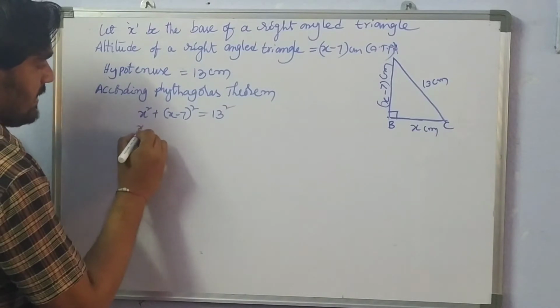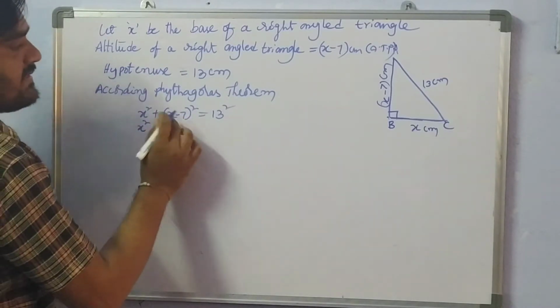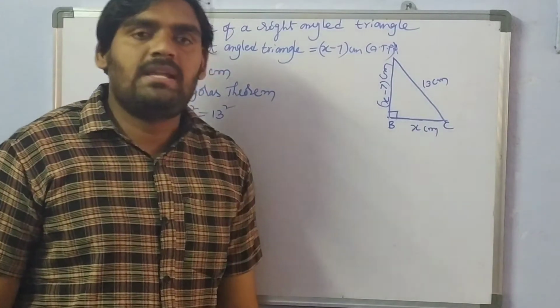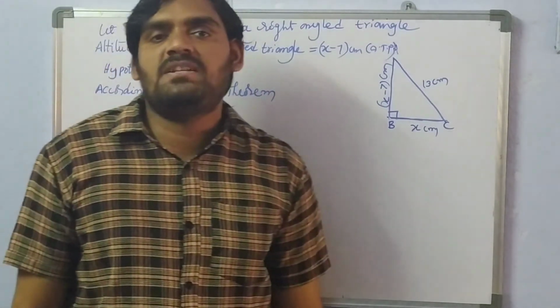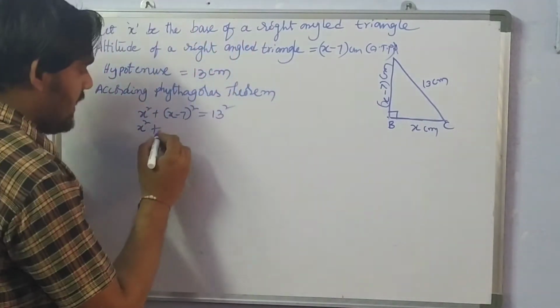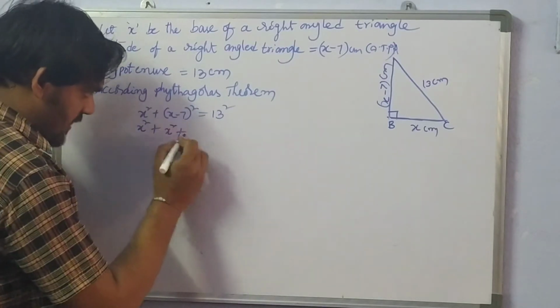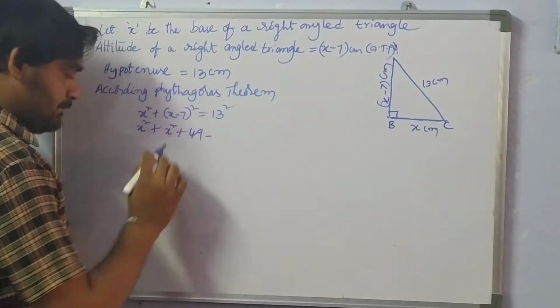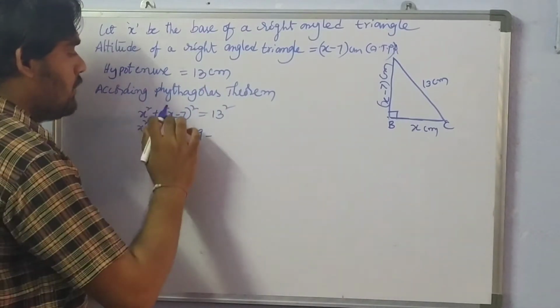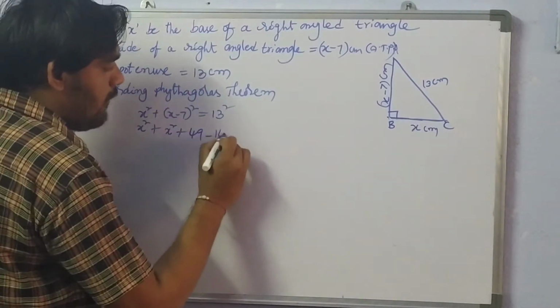Now x minus 7 whole square is in the form of a minus b whole square, which is a square plus b square minus 2ab. So here you will get x square plus b square, which is 7 square, 49, minus 2ab, 2 into x into 7.